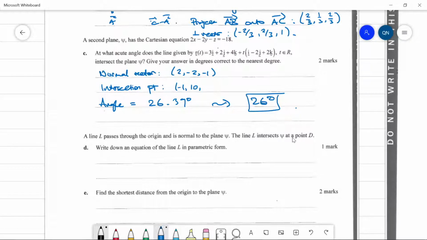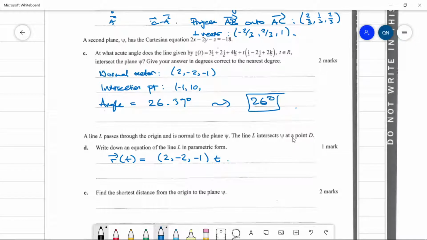That means the normal vector of psi is 2, negative 2, negative 1. So if you want to write it in parametric form, it's literally just r of t is equal to t times 2, negative 2, negative 1, and that passes through the origin when t equals 0.